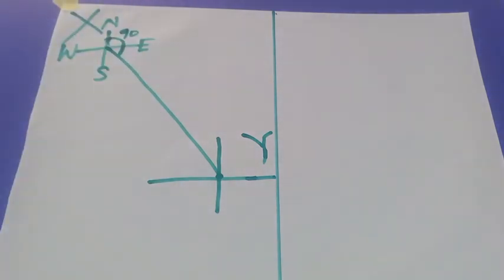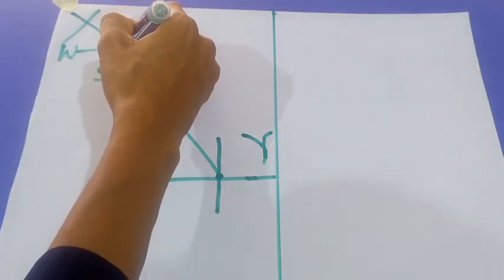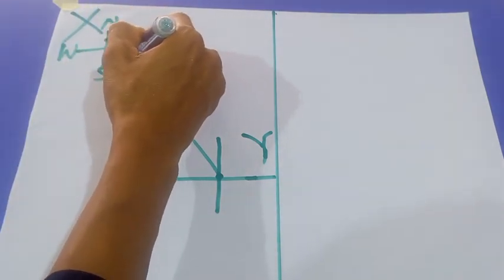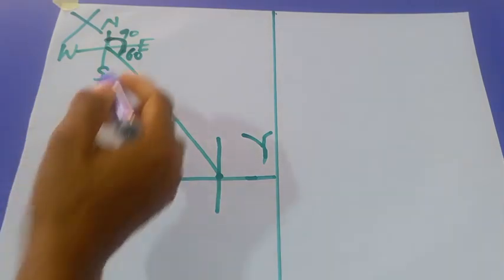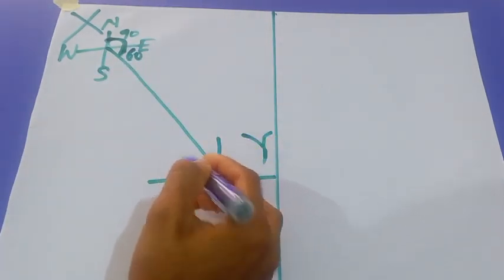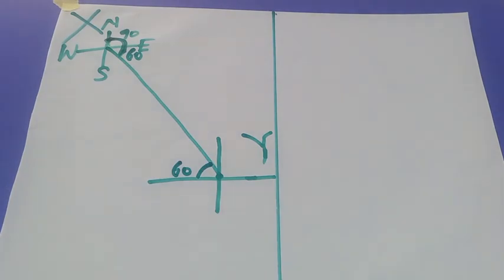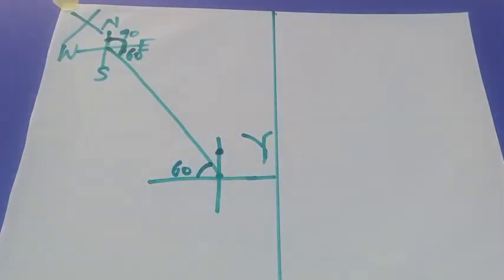It means that if here is 90, then this particular area has to be 60, so that we can get a total of 150. If here is 60, then this angle here is 60. Alternate angles. Now they are asking us, what is the bearing of x? We want to find this point x. We must start from y to get x.